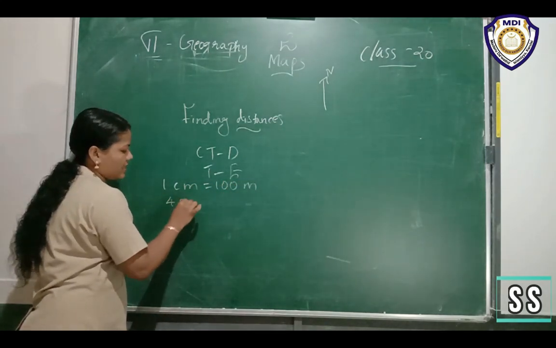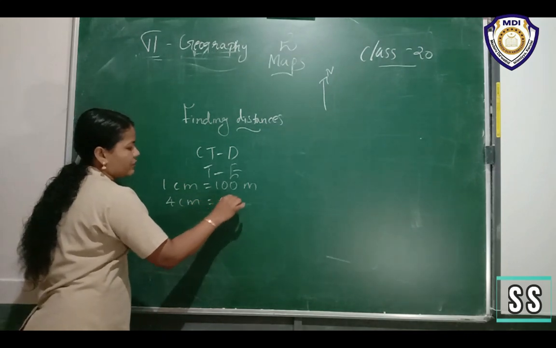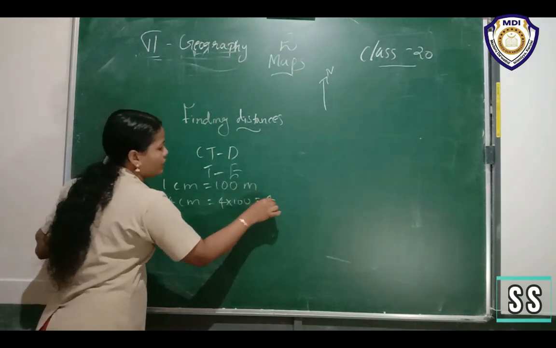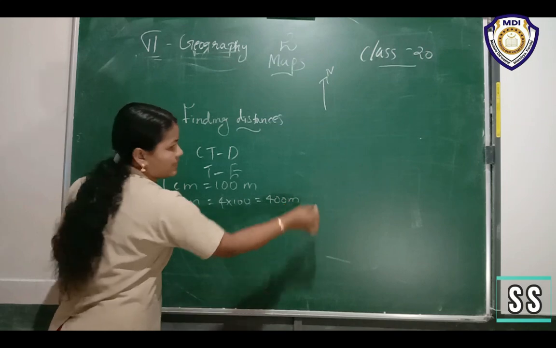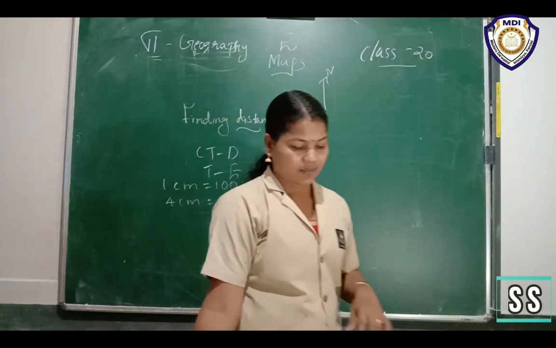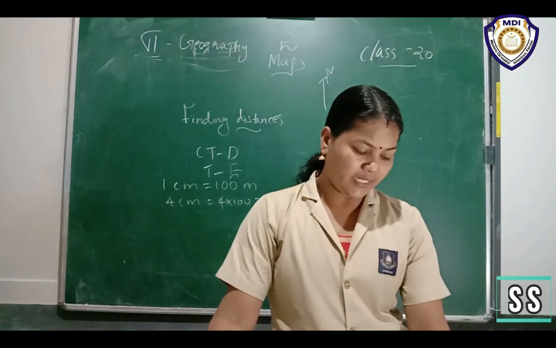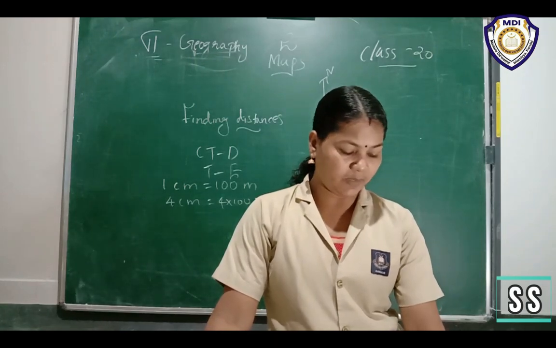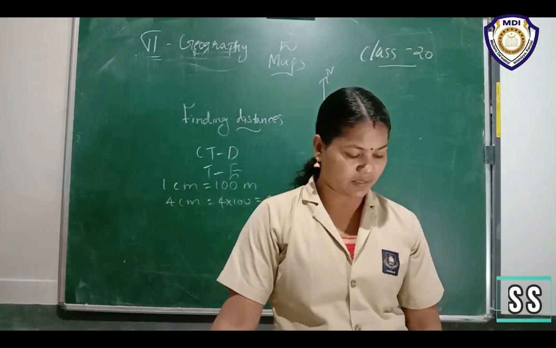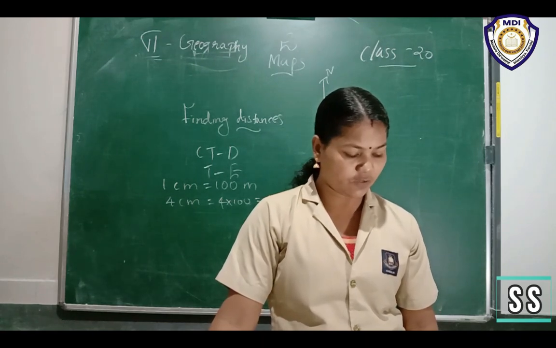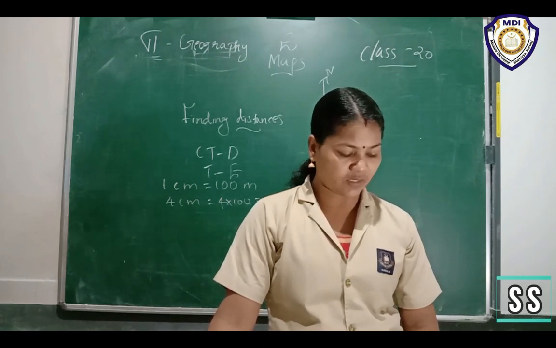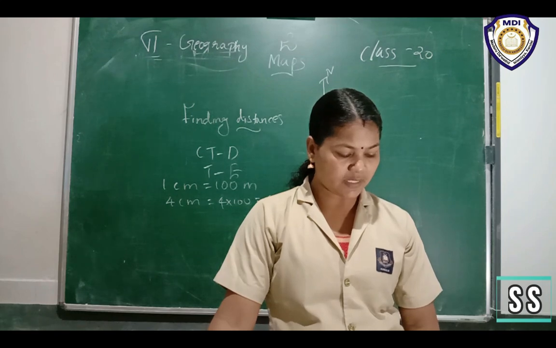Here we got 4 centimeters. So 4 into 100 is equal to 400 meters. The actual distance between D and E is 400 meters.